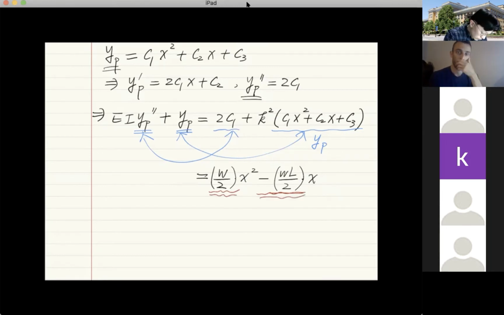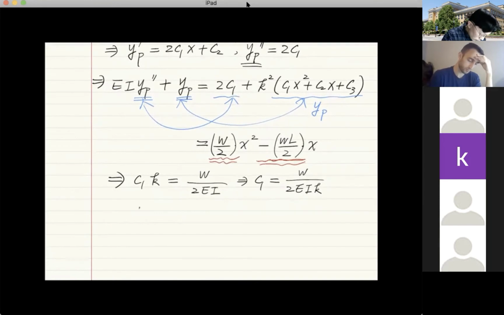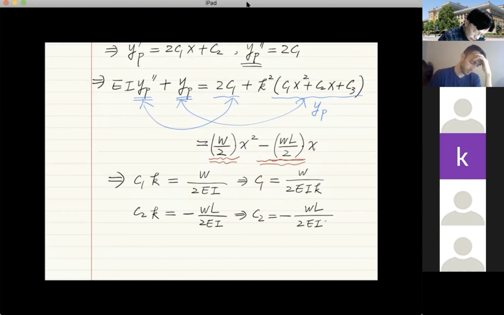So C1 times K squared equals W over 2EI, which means C1 is W over 2EI K squared. Also C2 times K squared is negative WL over 2EI, which means C2 is negative WL over 2EI K squared.